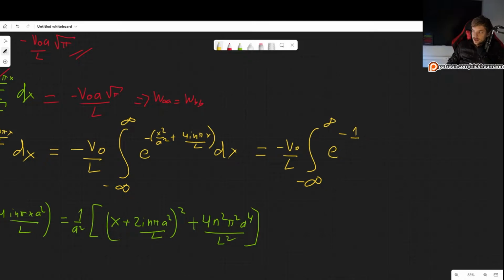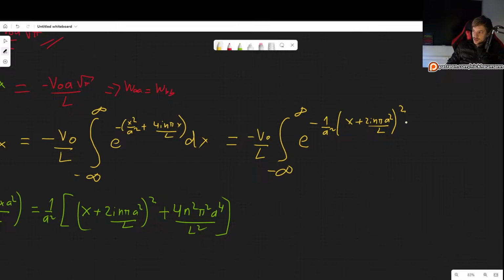So minus 1 over a squared, and then we have x plus 2i n pi a squared over L squared. And then we have this other term, so let's just take it out. So we write it as minus 4n squared pi squared, and now a squared, because that a squared cancelled out the a to the 4th. And we can write this as e to this power, right? Because we can separate the exponents.